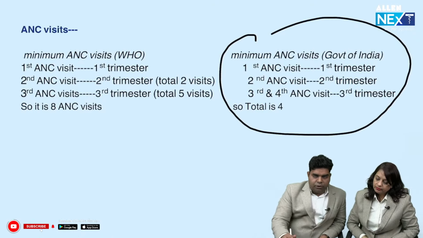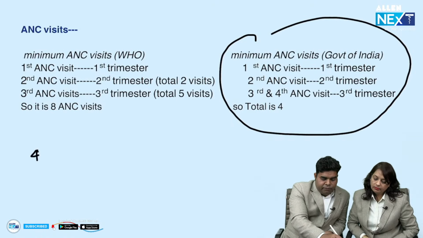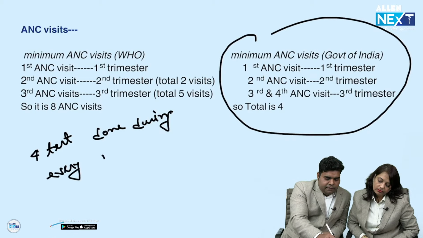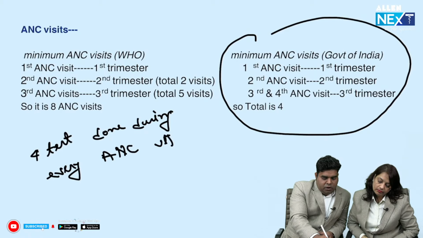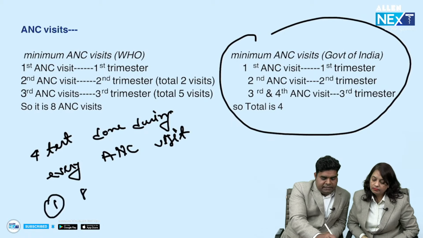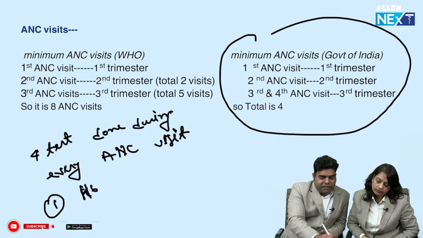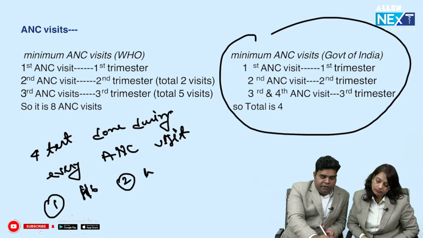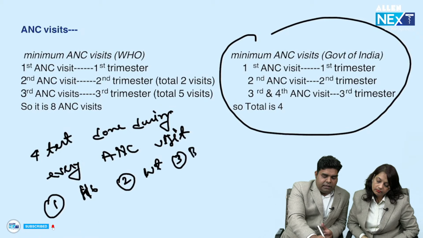Of course, one more thing I would like to add is that there are 4 tests done during every ANC visit. Out of these 4 tests, one is hemoglobin measurement, not by Sahli's method anymore. We use a digital HemoCue machine to measure it. Second, of course, we will measure the weight. Third, we will measure the BP.